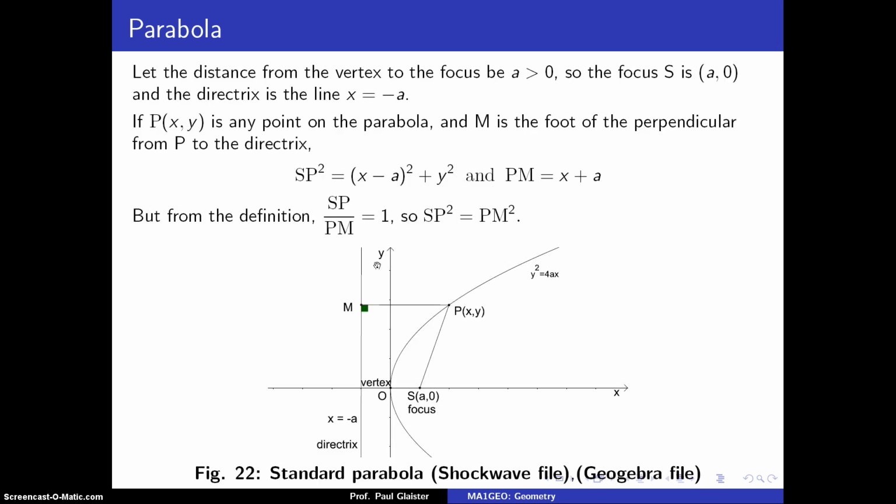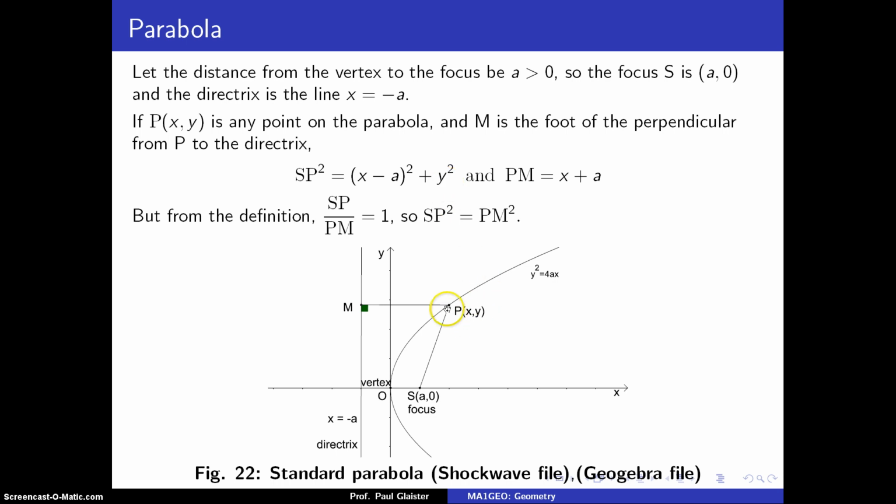So to determine the Cartesian equation for a parabola, it's very straightforward, because first of all, if we assume that the focus is at the point (a, 0) for some positive value a given, and the directrix, which is equally placed away from the origin, is at x equals minus a, and if we label the point P on the parabola with the coordinates (x, y), then from Pythagoras' theorem we can work out SP squared, as shown here.